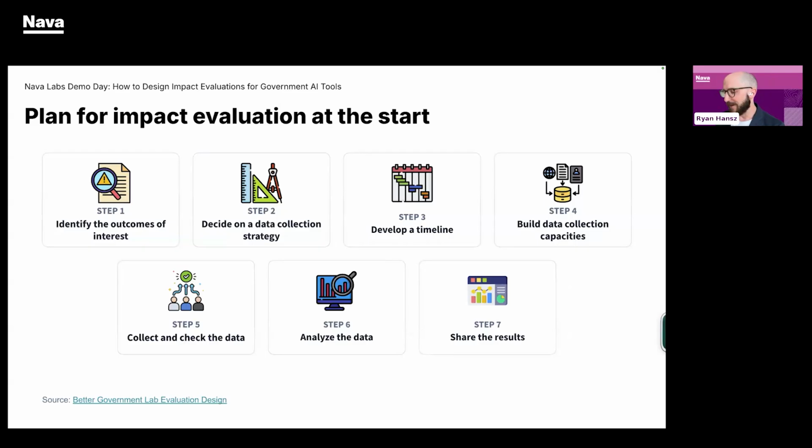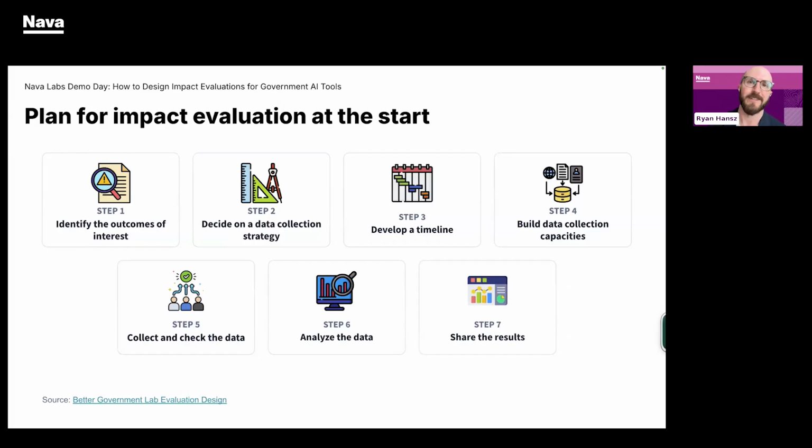But for any of our projects, AI or not, we always try to think about impact evaluation at the start. And there are many different lenses to consider. Some of them at a high level are identifying the outcomes of interest. What is a meaningful outcome to focus on for staff, for the public, for the program as a whole?